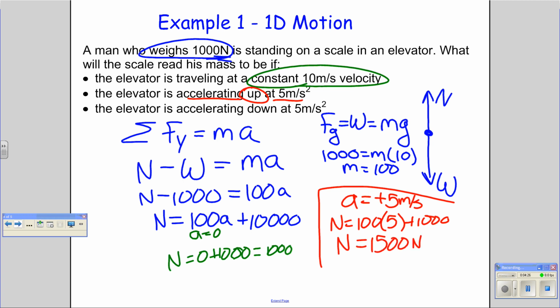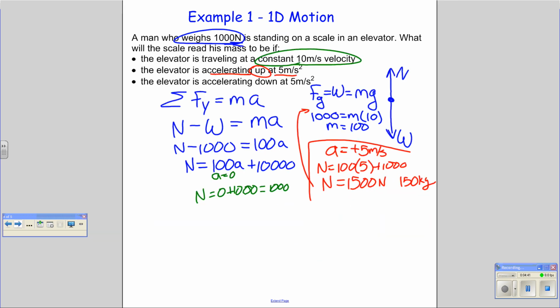Now if you were going to put that into kilograms, you would just do the same thing that you did up here and divide it by 10. So it would be 150 kilograms, depending on what you wanted. In the last situation, we are accelerating down at 5 meters per second squared.